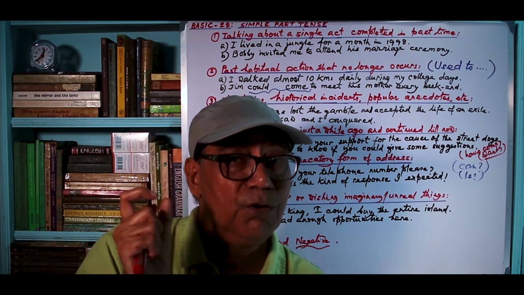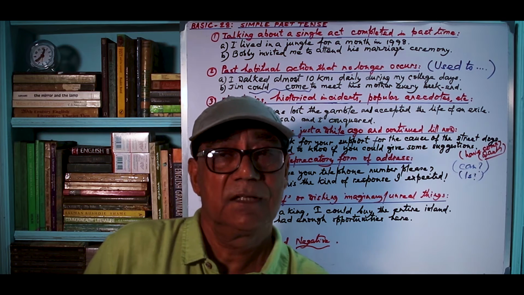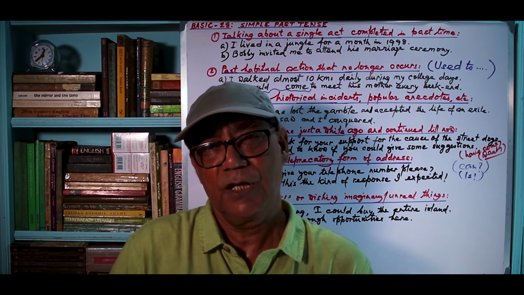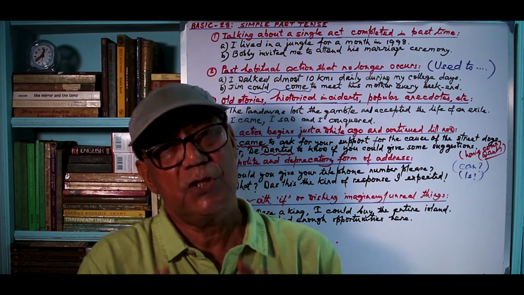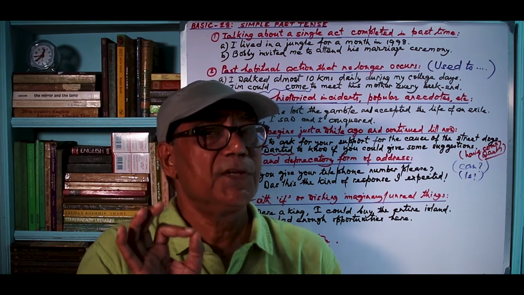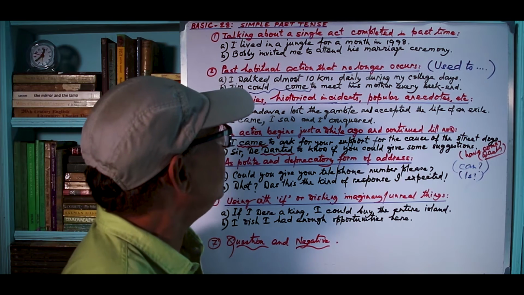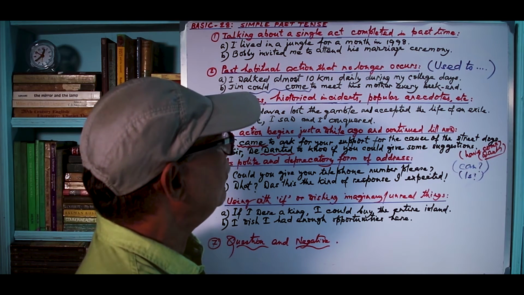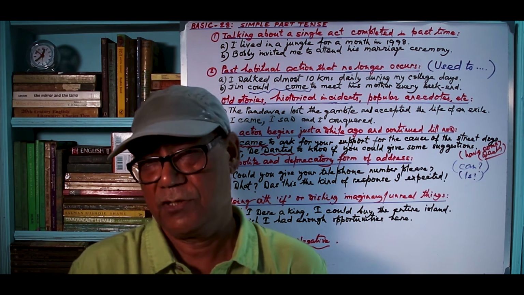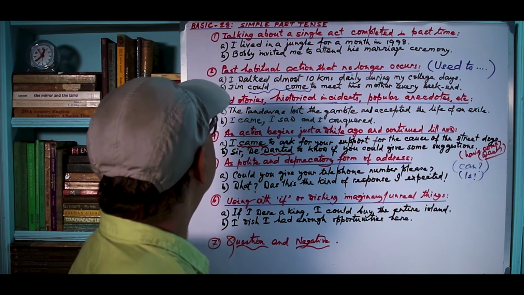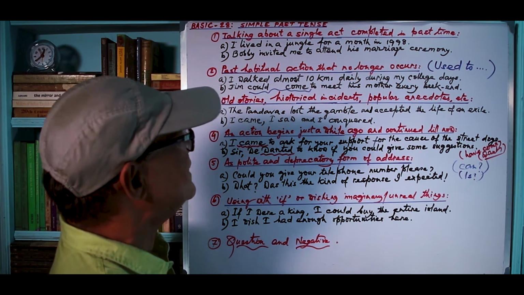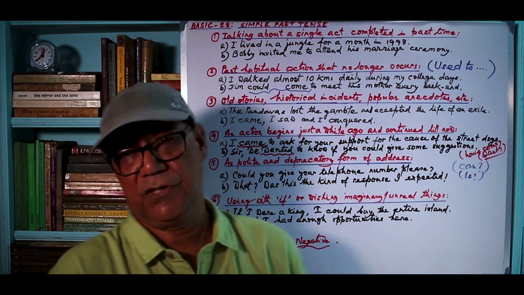That means I used to walk. This is another format. Used to. But in place of used to, simple past tense format is possible. So I walked about 10 kilometers daily during my college days. Another example, Jim could come to meet his mother every weekend.